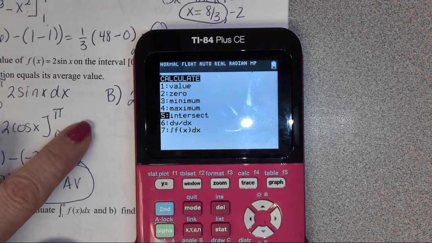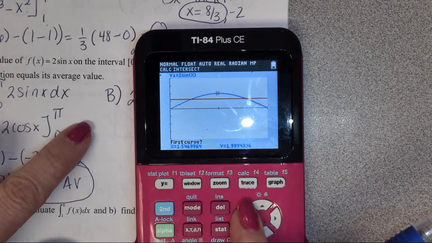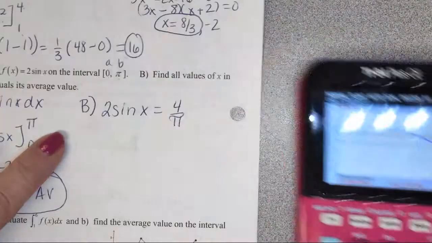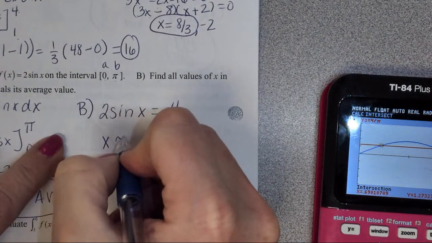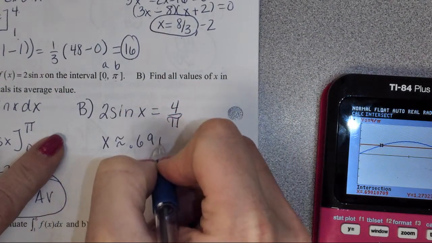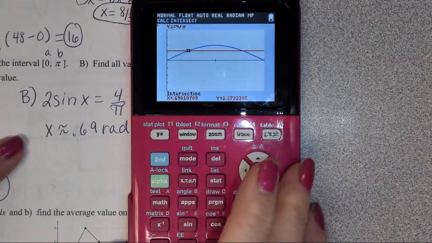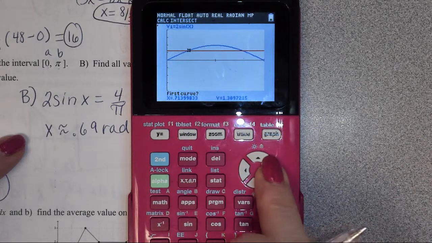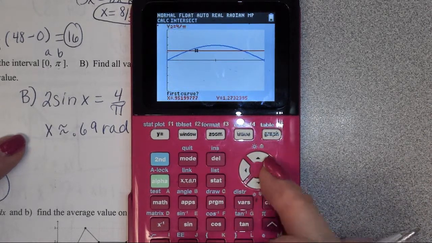Intersect. Enter, oops, get close to it. Enter, enter, enter. And so one of my answers is 0.69 radians. My other answer, I got to be kind of close to it. I'm going to jump down to my other curve to get there quicker.